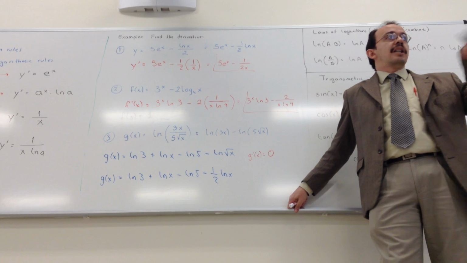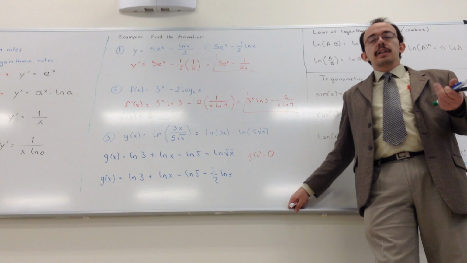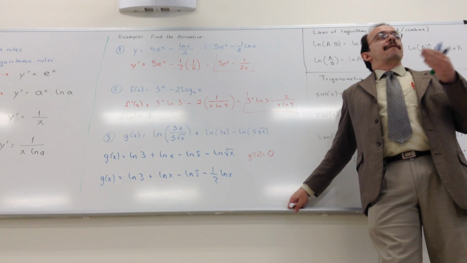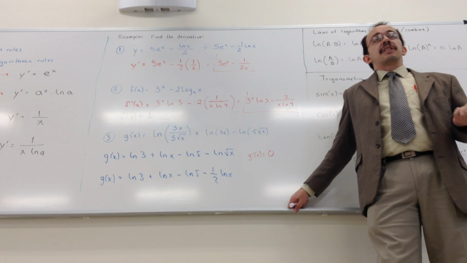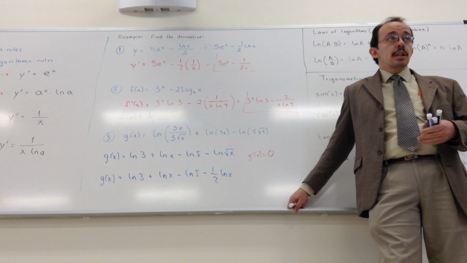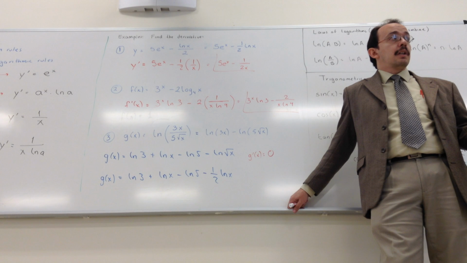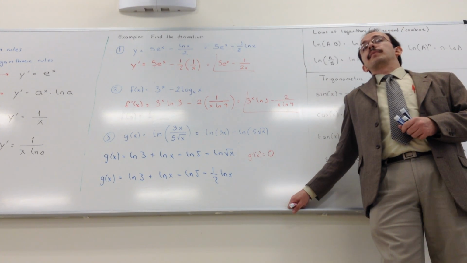Well, with the calculator, ln of 3 gives you a number. The practical way to look at it is that if the expression doesn't have an x, it's not a function, it's a number. For example, if I told you e squared, that's a number, not a function. So the derivative will be 0. Pay attention, please.